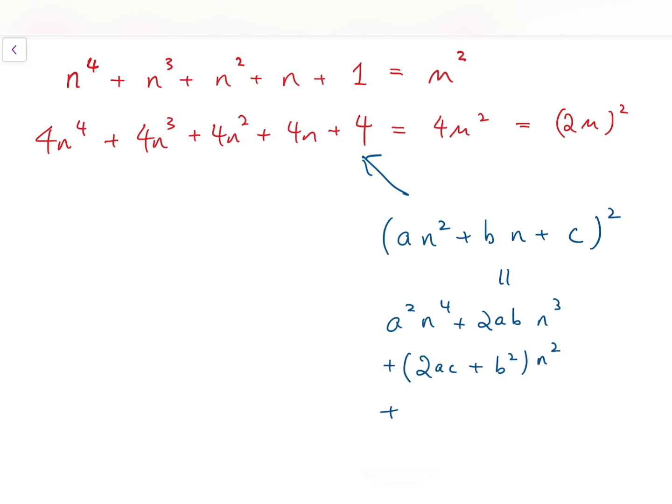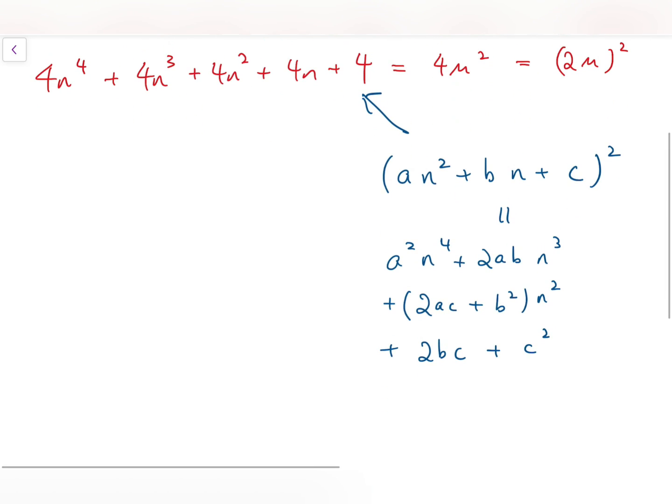For the n squared term, and the coefficient of n is 2bc. And at last, we have c squared. So looking at this, it's intuitive to take a equals 2. For 2ab equals 4, we should take b equals 1. So then this equals 4 again.